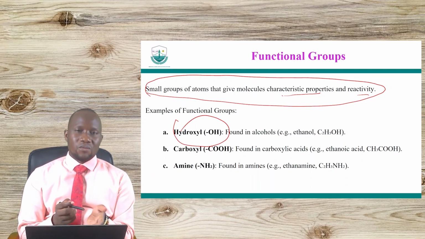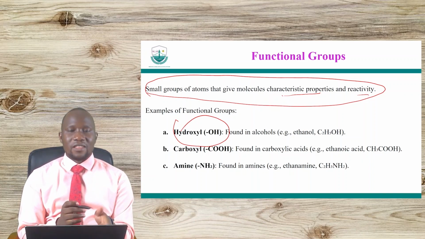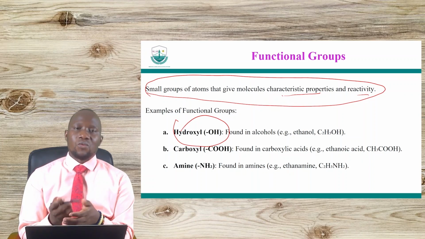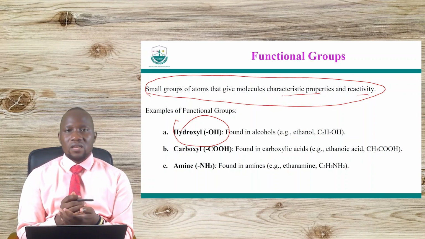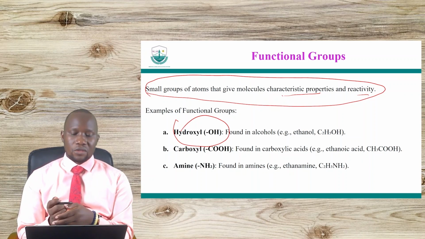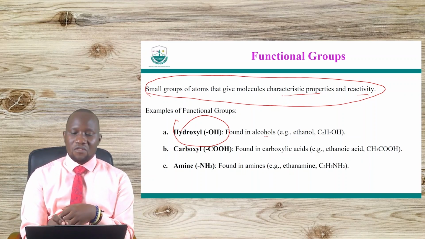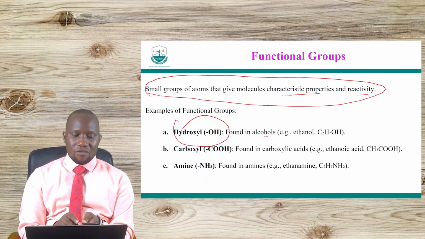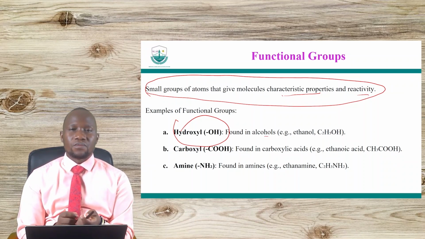Okay, so there are very many functional groups, and these are not the only ones. You have the hydroxyl, the carboxyl, and the amines. So we have different organic compounds named according to their functional groups. If you hear alcohols, their functional group is the hydroxyl, and the carboxylic acids have the carboxyl group that forms their functional group.